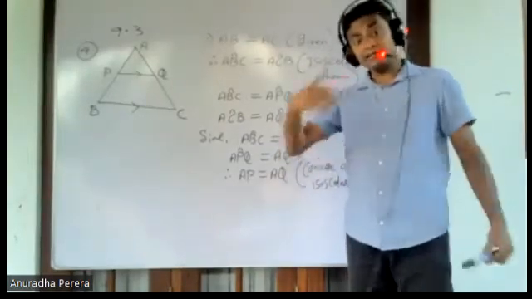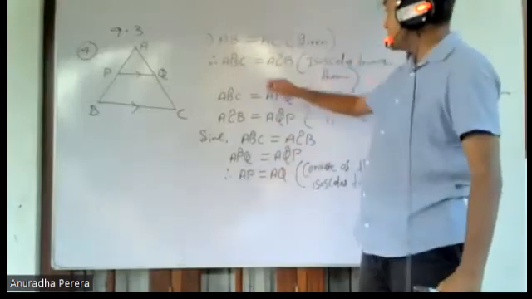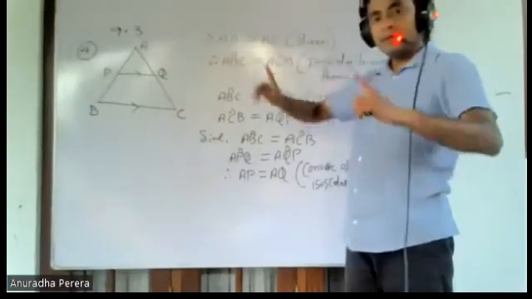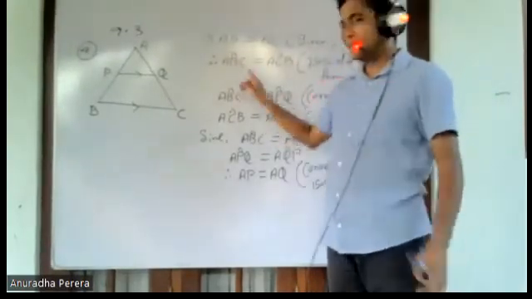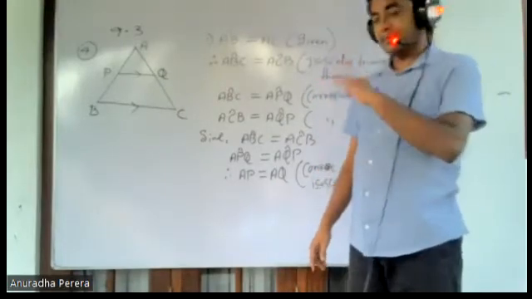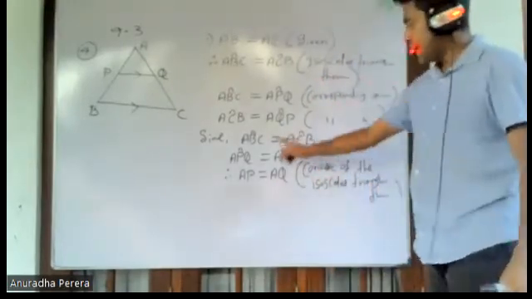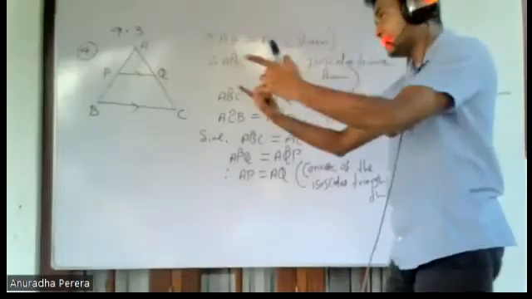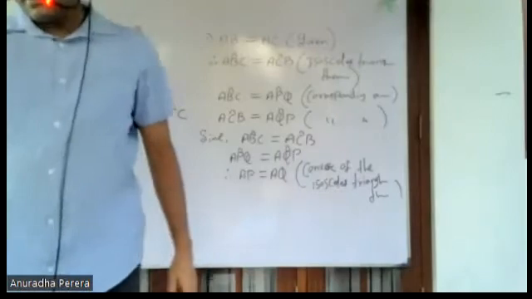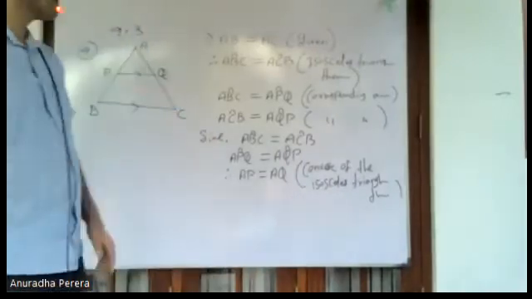Previously we used the isosceles triangles theorem: these two sides are equal, so the opposite angles are equal. Is that clear? Yes, sir. Right, here we need to take the converse. If two angles are equal, then the two opposite sides are equal. That is the converse.